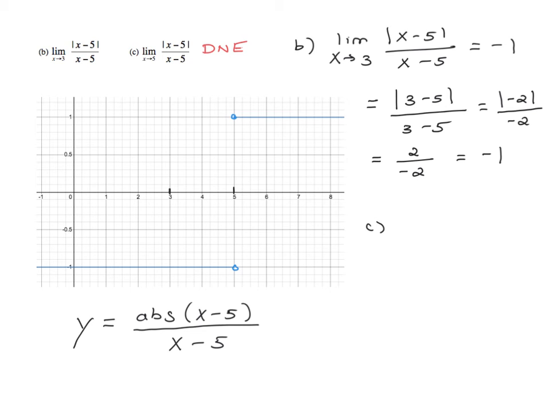So by that I mean the limit as x approaches 5 from the left of this function, and here I'm getting this just by looking at the graph. As we approach 5 from the left, it's always equal to -1.